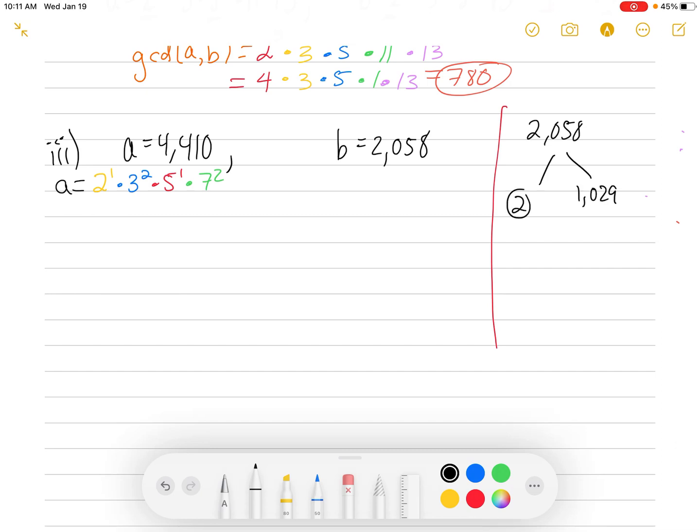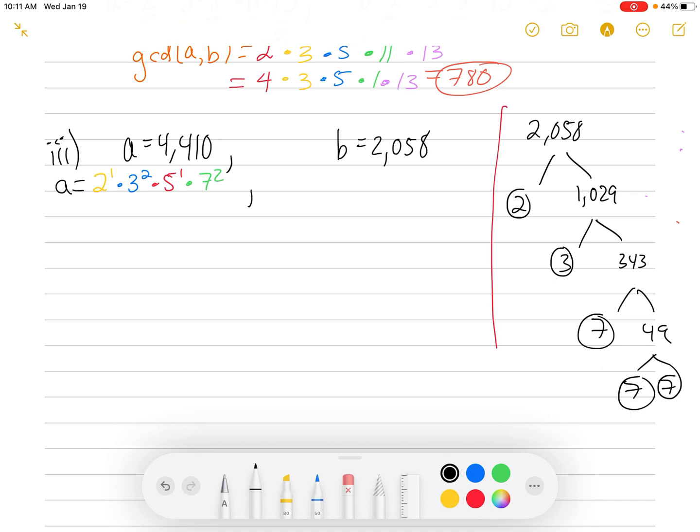You get 1,029 when you divide that by 2. 1,029 is divisible by 3. Divide that by 3 and you get 343. 343 is divisible by 7. You get 49. 49 breaks up into 7 times 7.